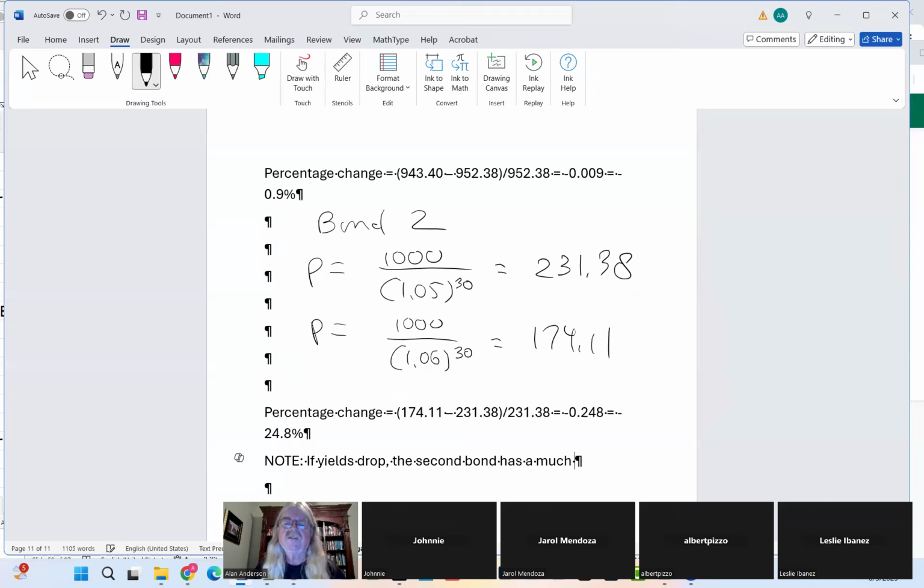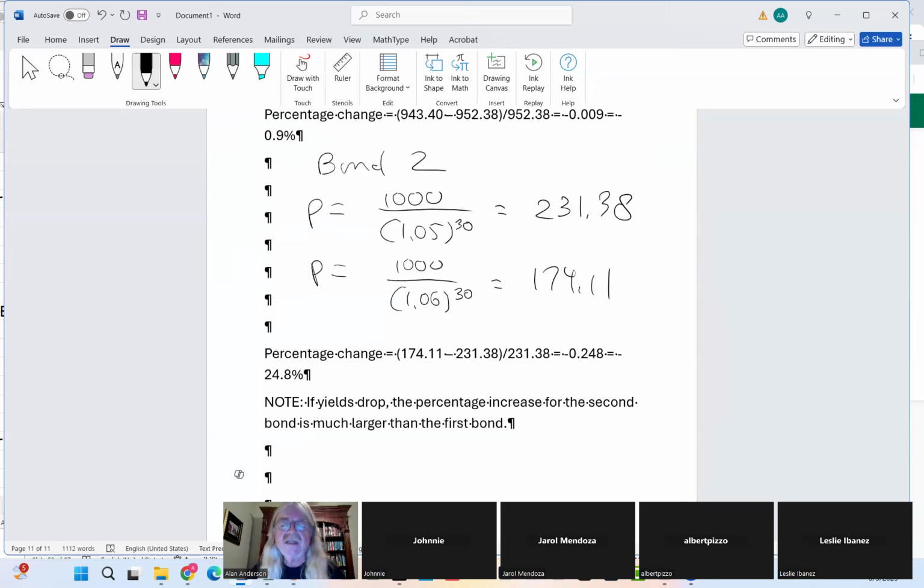The percentage increase, let's put it that way, for the second bond is much larger than the first bond. So it cuts both ways, right? If rates are going up, the long-term bond is the one that's going to lose the most money. But if rates are heading down, then it's the one that's going to make the most money. At least it's a percentage.